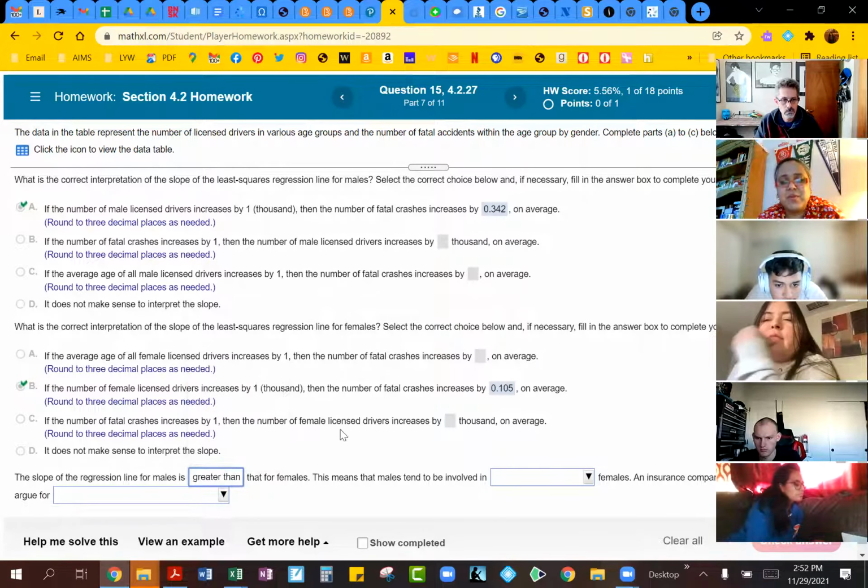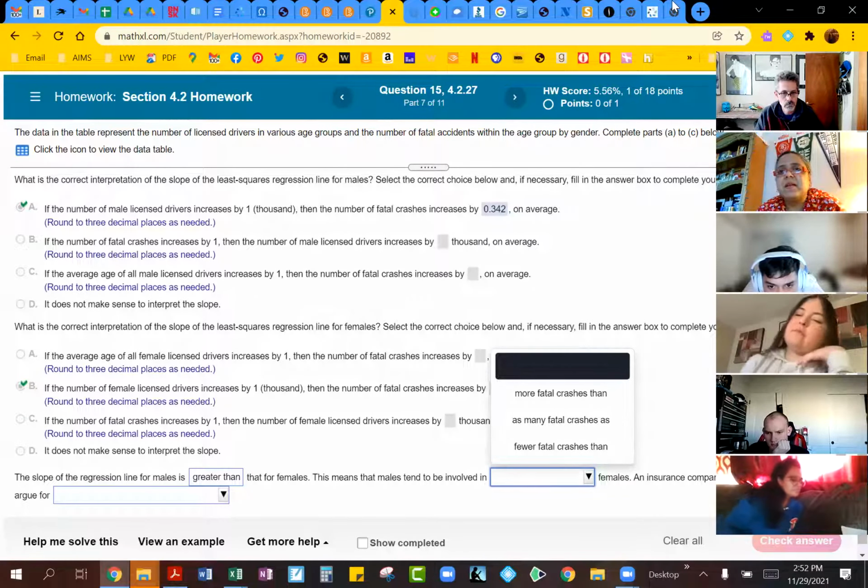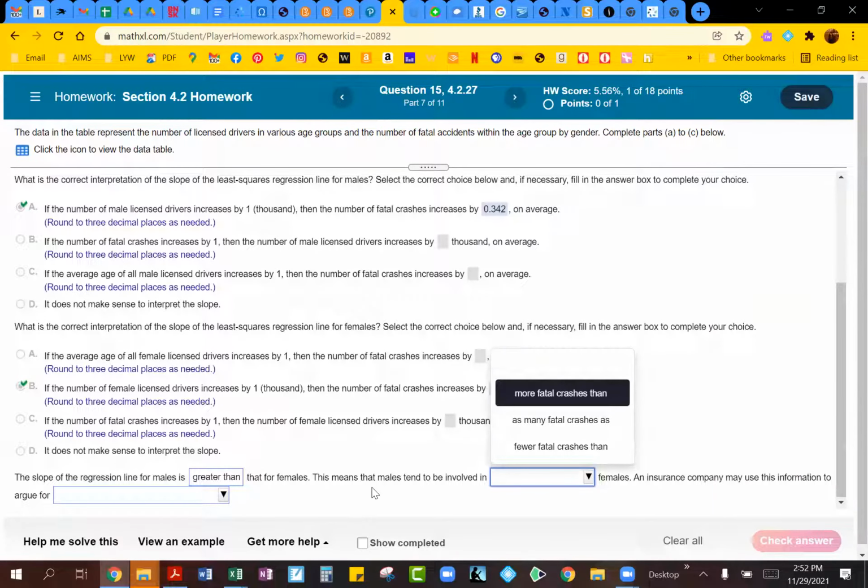Yeah, the slope on the males is greater than females. And then they are saying in the next one, let me make this smaller here. So they are saying this means that males tend to be involved in more, as many, or fewer fatal crashes than females. More, as many, or fewer?